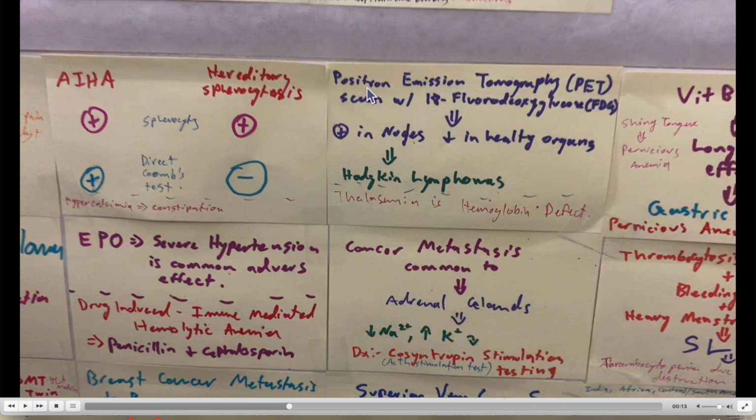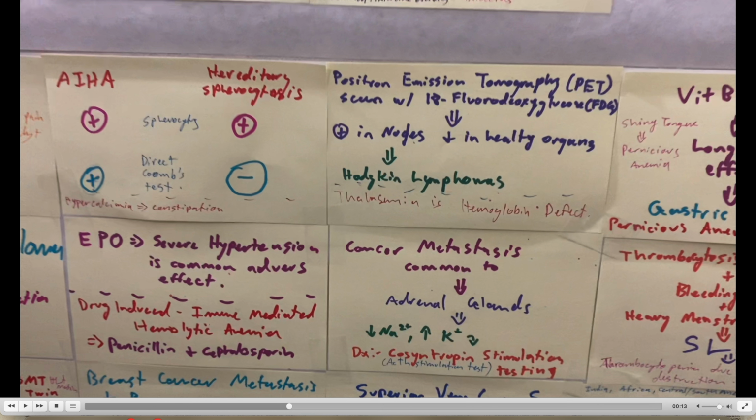PET scan or positron emission tomography scan with 18 fluorodeoxyglucose, right? FDG. This will show positive in nodes and in healthy organs. So chances are you have Hodgkin's lymphoma. Okay.